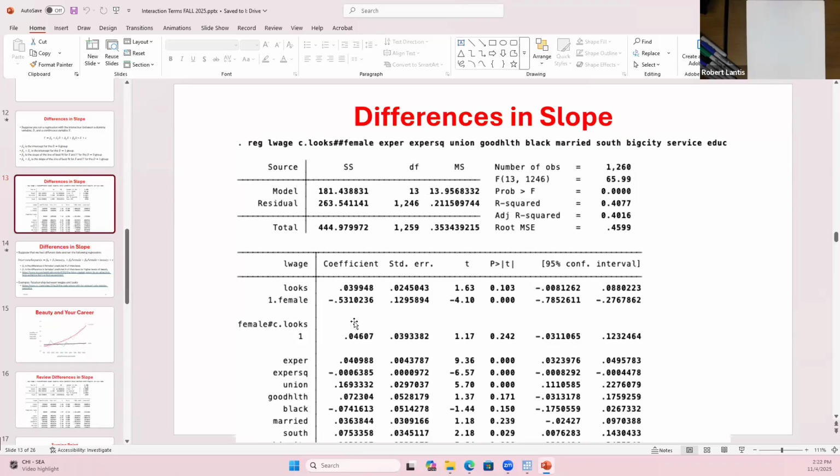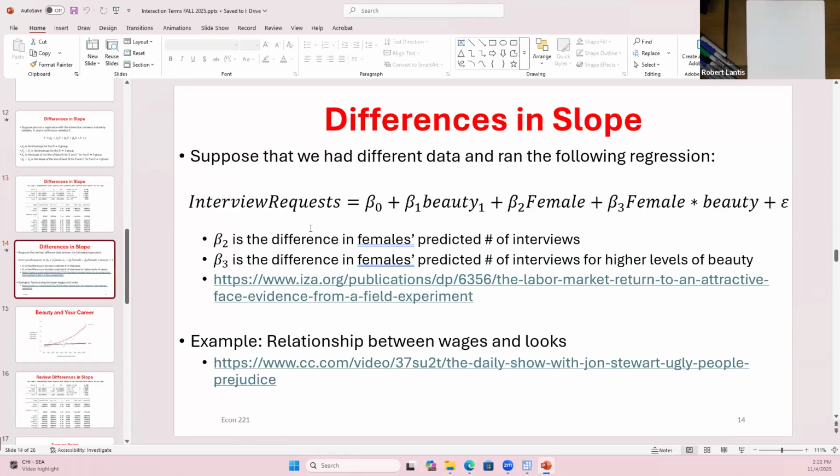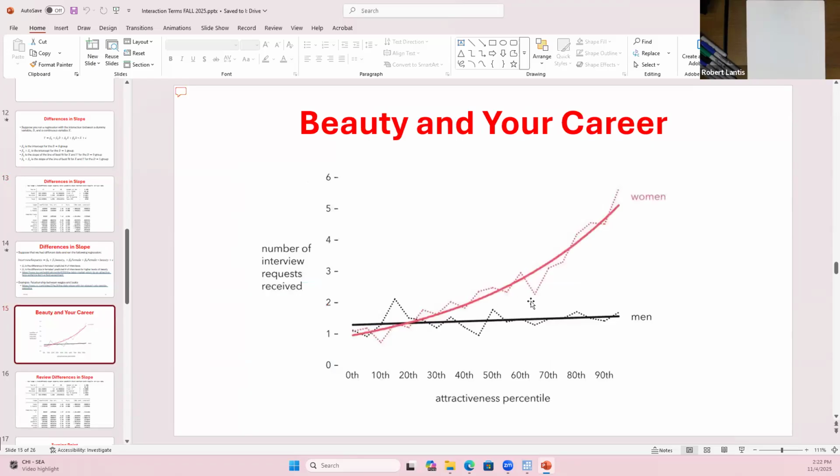females. We then talked about additional research out there that looked, instead of wages, at interview requests. We had something that looks like this, which maybe shows that the marginal effect of this attractiveness variable, or looks variable, the slope is much flatter for males than it is for females.